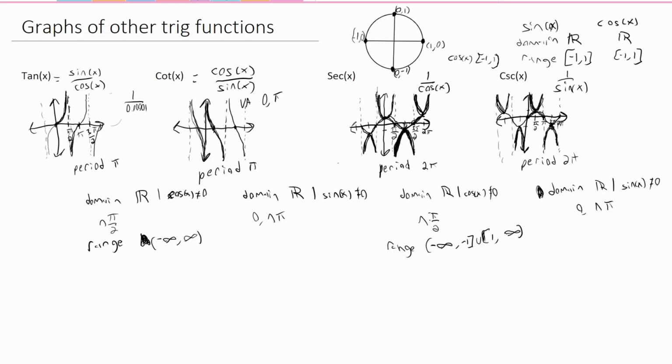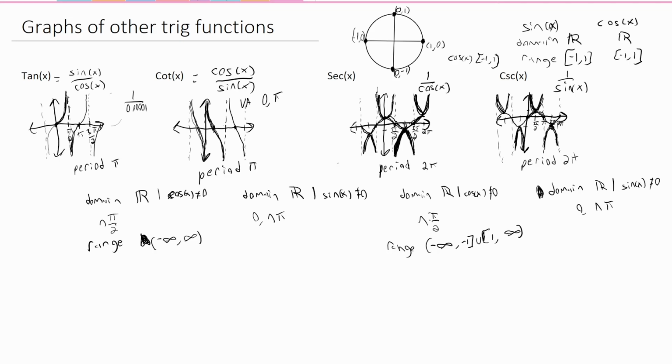Those are essentially restricted or limited. For cosecant, it's the same thing. So for our range, we can do all of the values that are less than -1, and all the values that are greater than 1, but any of the values between -1 and 1 are excluded because it's impossible for us to get to them.